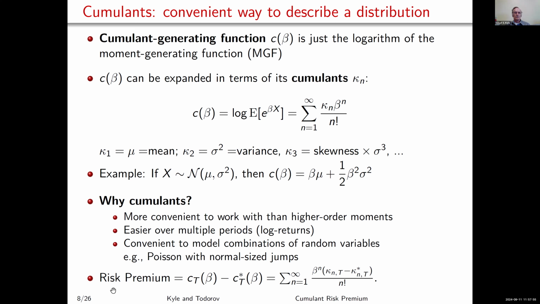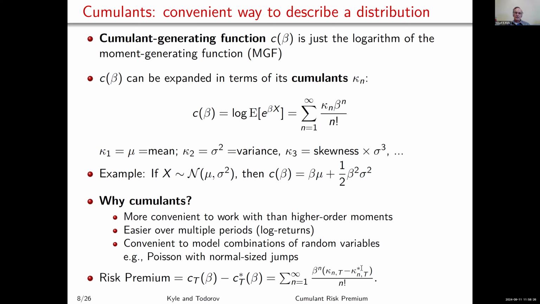We define what we call the cumulant risk premium as the difference, mimicking what people in options do, between the cumulant generating function in the physical measure and the cumulant generating function in the risk neutral measure. And so that's just going to make it the sum of the same power series, except now you've got the differences of the cumulants in the numerator, rather than the cumulants themselves.